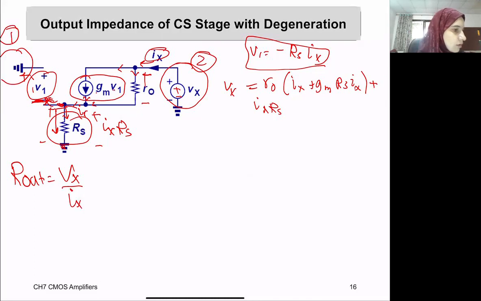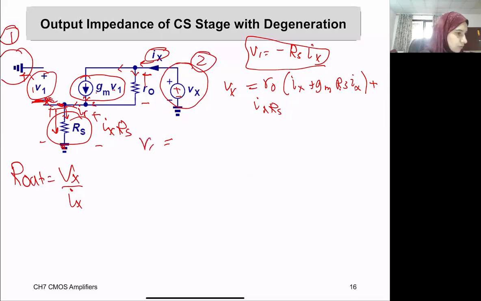What is V1? It is minus Rs times Ix plus the voltage drop across Rs, which is Ix times Rs. I know it's too many things, but this is how we should deal with it. Okay, so now I'll try to simplify and we make Ix outside so we can divide by it.